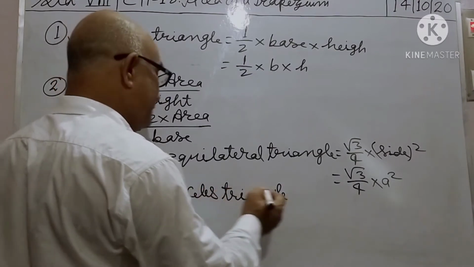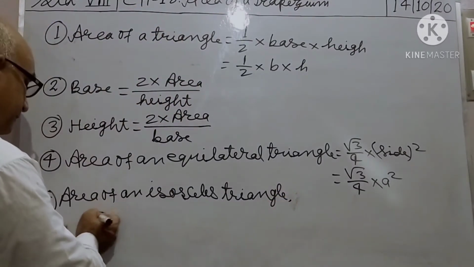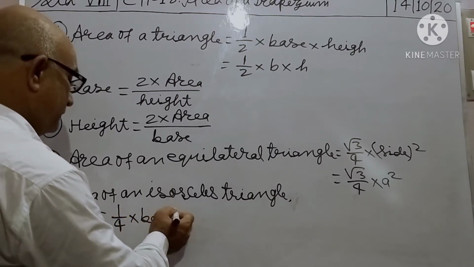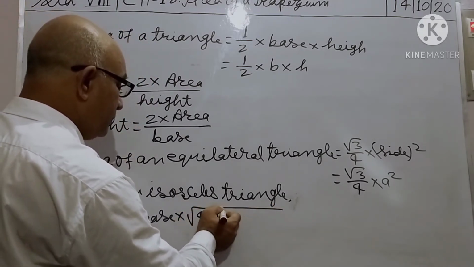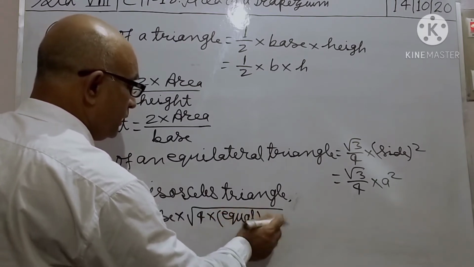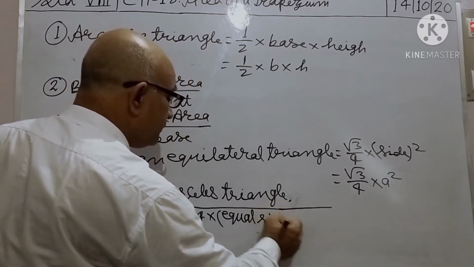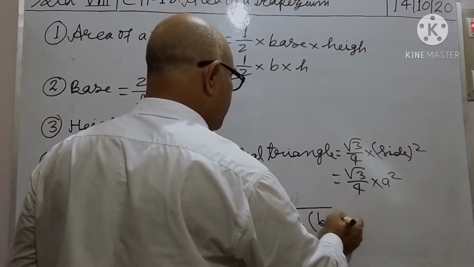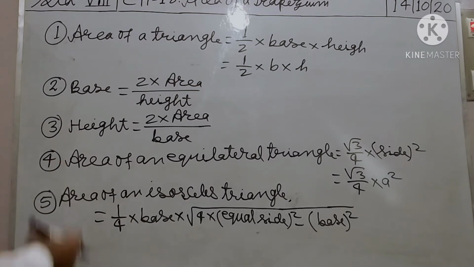Area of an isosceles triangle equals 1 by 4 into base into under root 4 into equal side square minus base square. 1, 2, 3, 4, 5 formulas. Understand and write it.